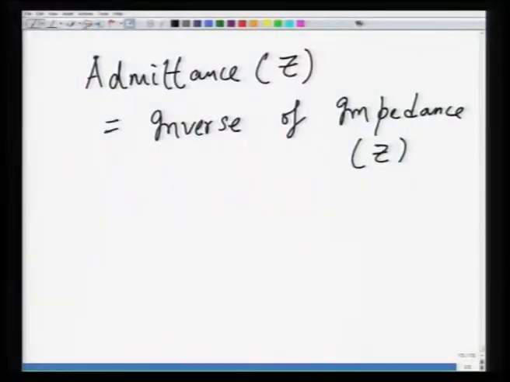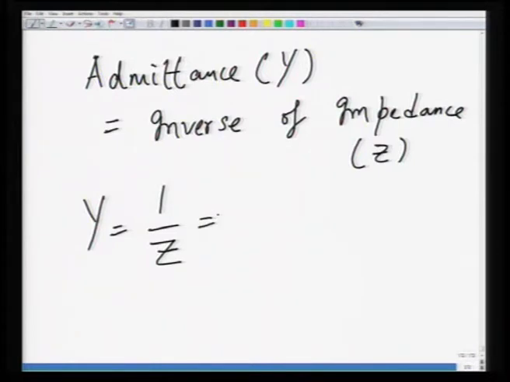Impedance means the overall resistance of the material. Admittance is related to admitting, so admittance is really the inverse of impedance. I have written this Z wrong here, just make a correction, this should be Y. So, Y is equal to 1 divided by Z, the overall impedance.